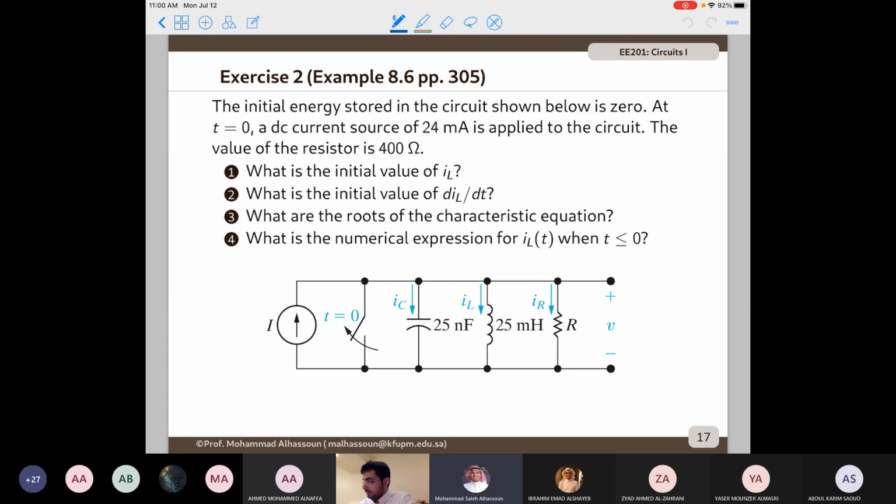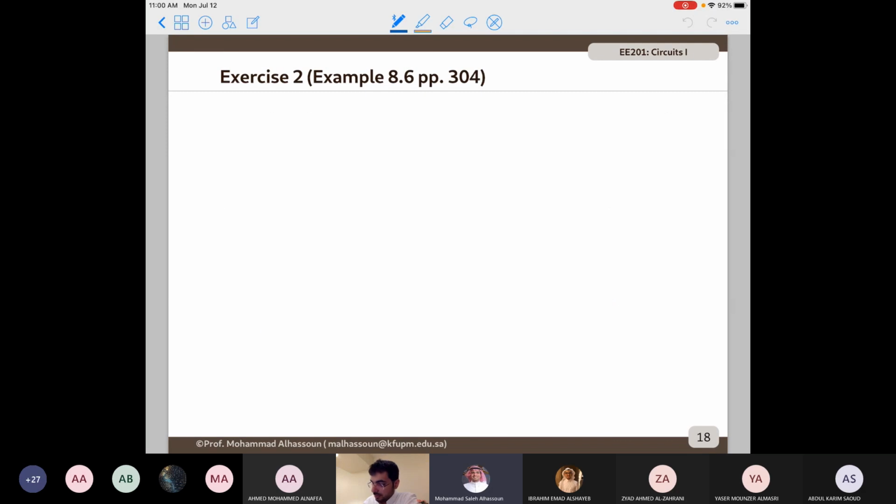Abdullah? I think it's 0 since there is no energy stored. Exactly. So the initial value of the current is 0.